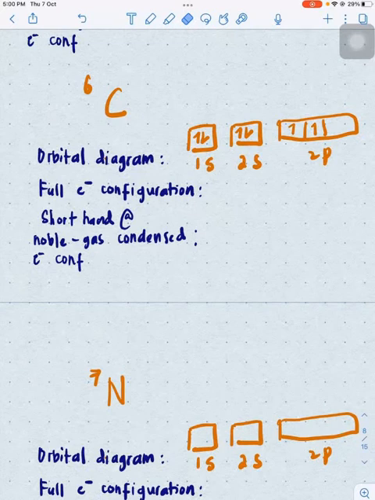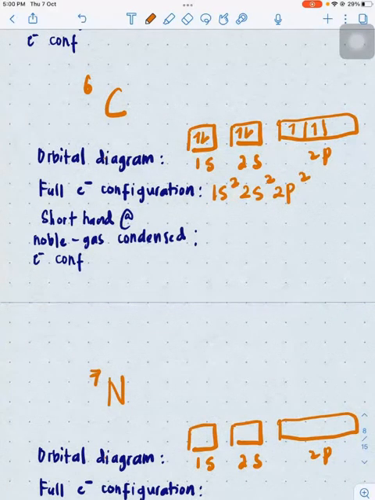So kalau kita tulis full electron configuration, apa dia punya full electron configuration dia? 1s2, 2s2, 2p2. Yes. That's correct. Okay, and then what should be the condensed electron configuration? Nak panggil nama lah. Okay, Azib ada? Ada madam.